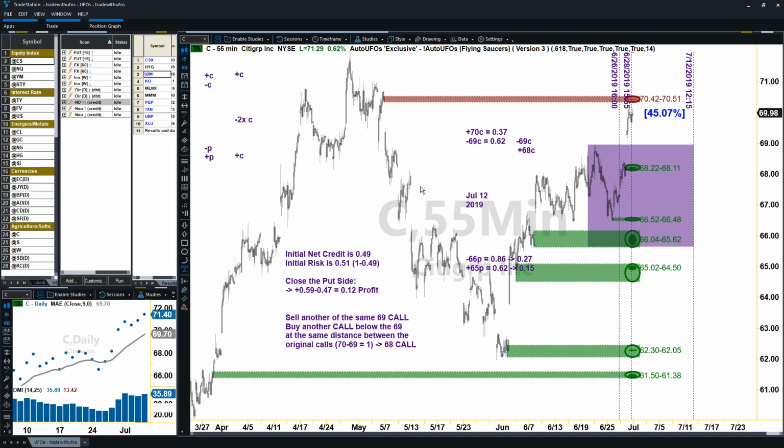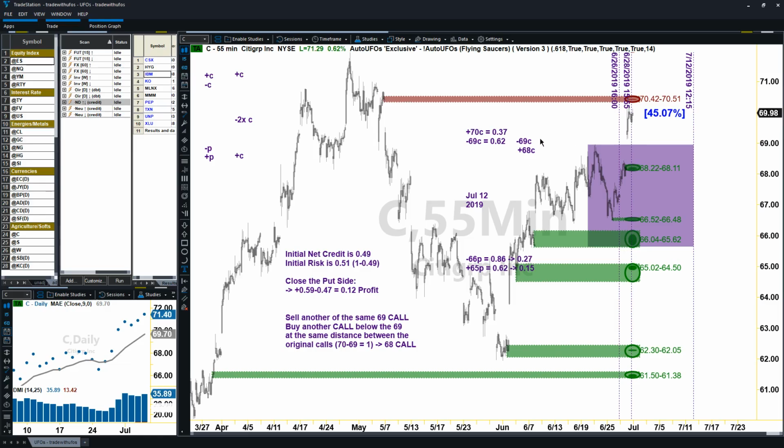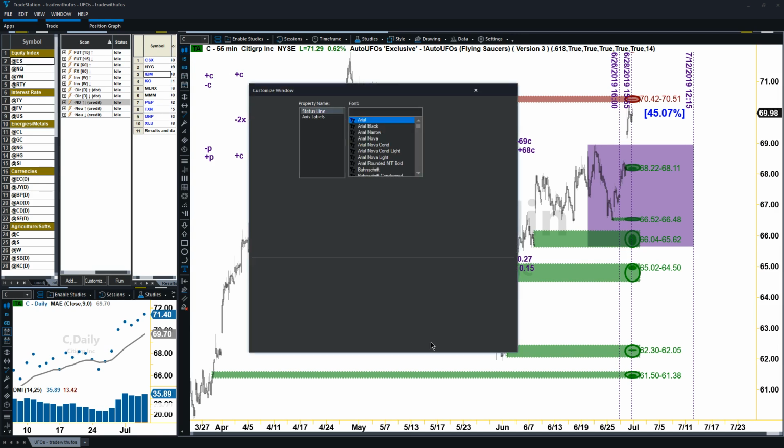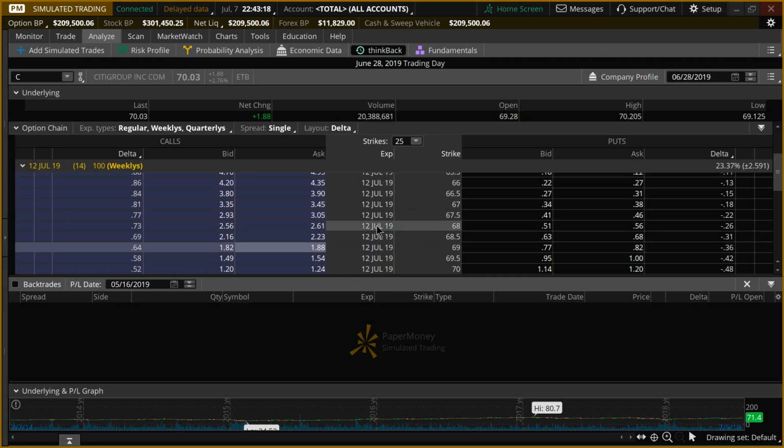Now, if I do that on that particular date, which is June 28, the 69 call pays me 182. And the 68 call, I will need to pay for that. And that one would cost me 261. Okay, 261.